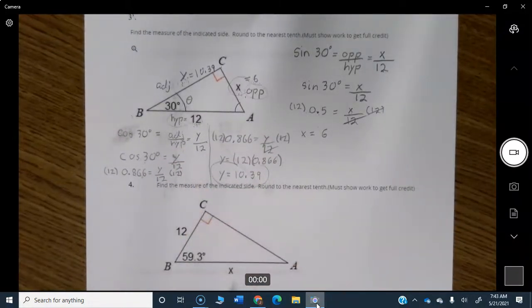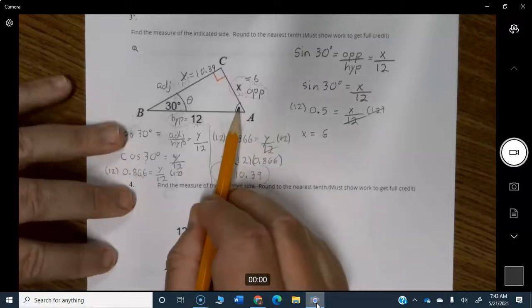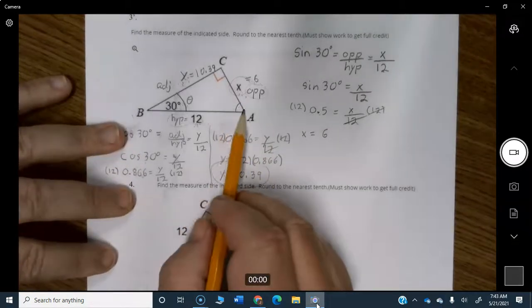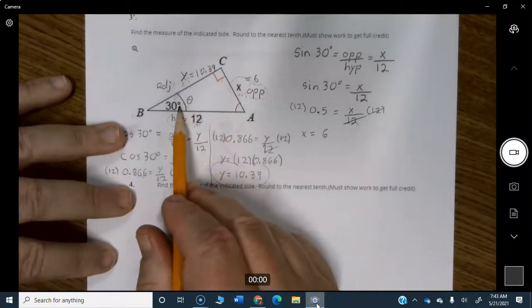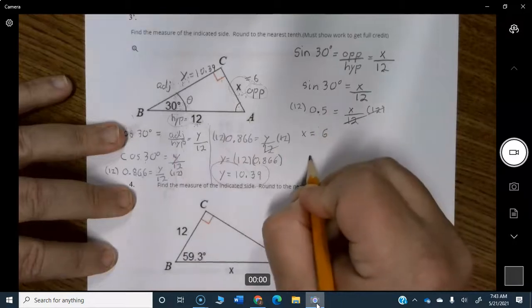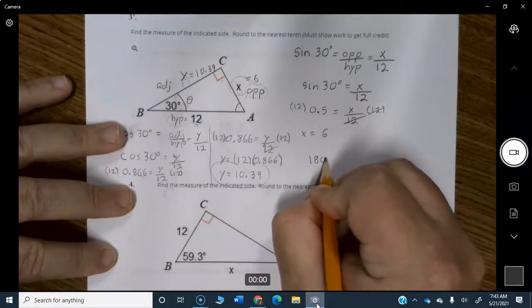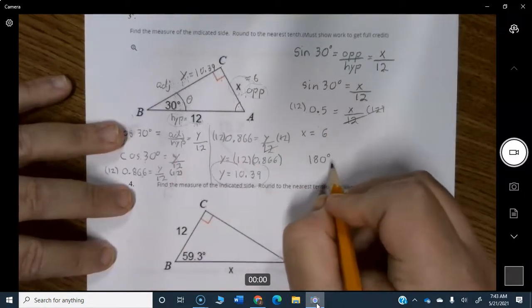All right, one more thing I want you to do is find out what this angle is. All right, so the three angles have to equal 180. So let's come down here, 180 degrees. That's true for any triangle, not just a right triangle.